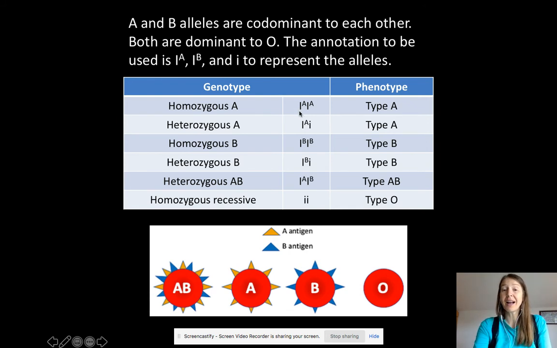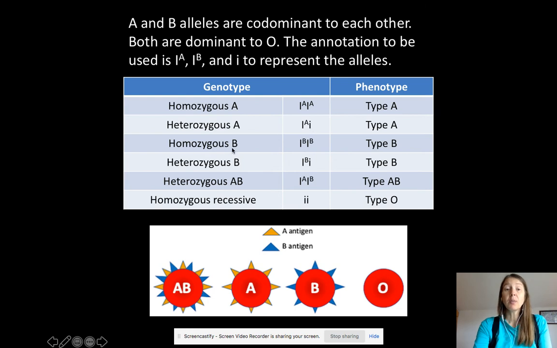We use the letter I and a little superscript for the A or the B, and then the O is represented with a lowercase allele. So this is the genotype if you're homozygous for type A, and then the phenotype would be type A. If you're heterozygous for type A, you have one A allele and one O allele. Again, you would be type A because A is dominant to O.